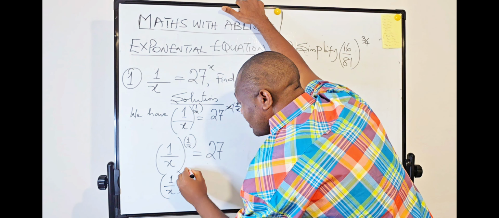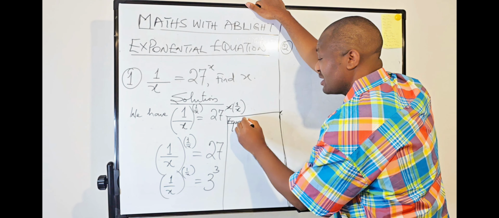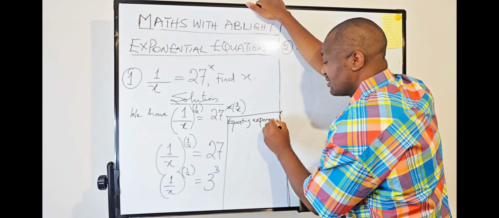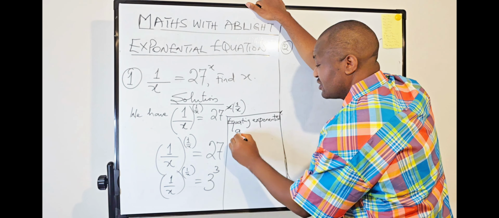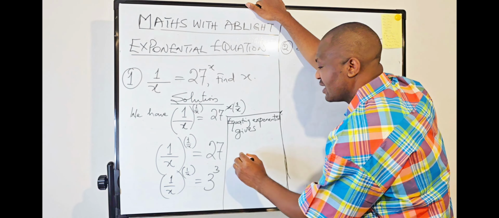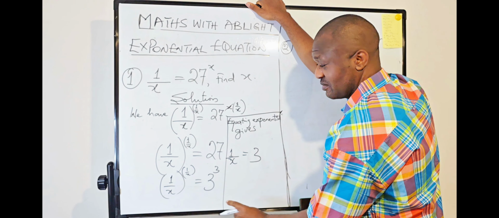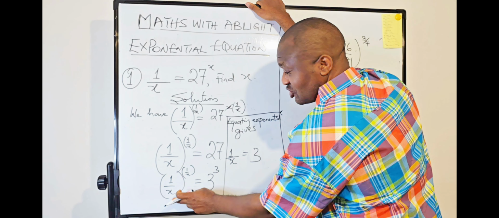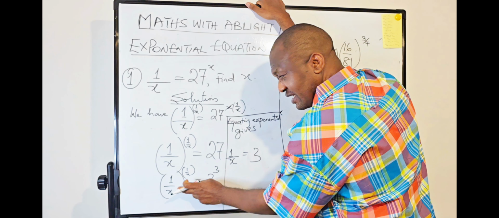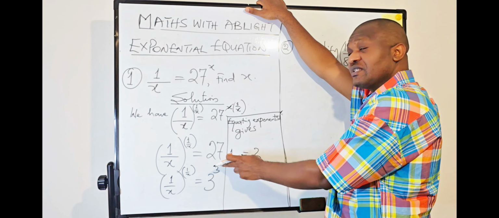At this point, you write and tell the examiner, "equating exponents," because you have to tell the examiner you know what you are doing. Equating exponents, 1 over x is equal to 3, because the base, that is the shape of the base to the power, is the same thing.